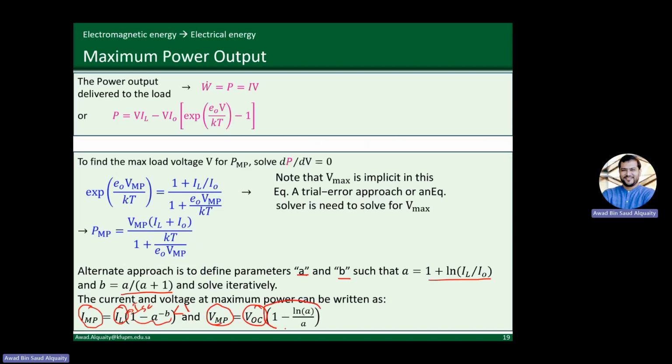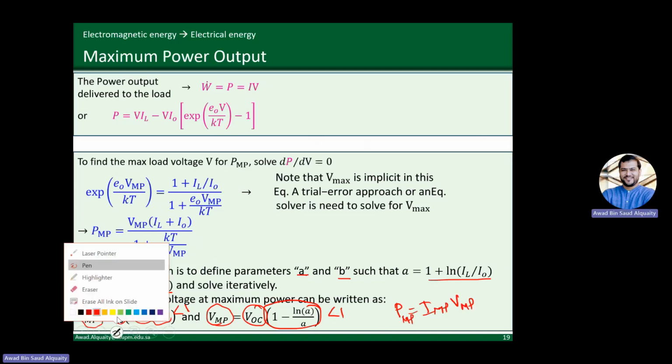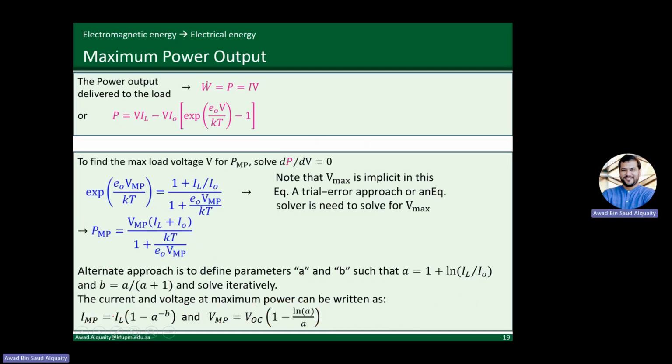So again, this term here, 1 minus ln A by A, will have a value less than 1. And you can simply use this to calculate IMP and VMP. And once you have those numbers, then the maximum power is simply calculated as IMP times VMP, right? So this is a very convenient way of solving for it. And we will be using this to solve a problem in the next few minutes.